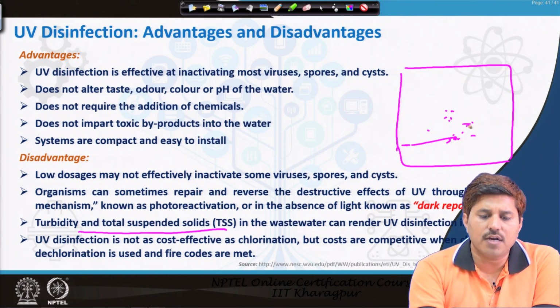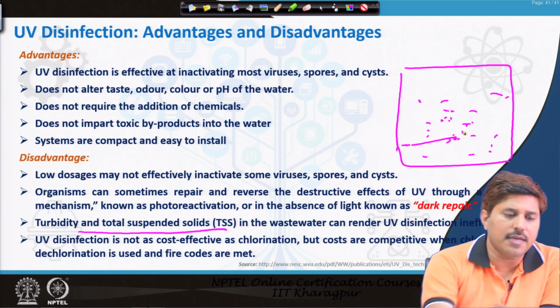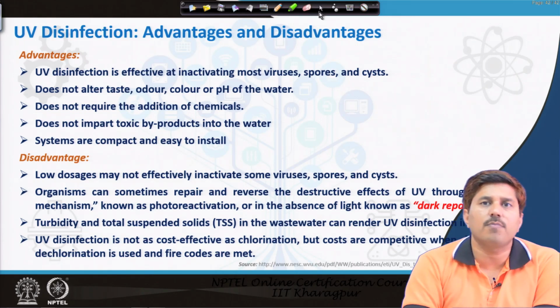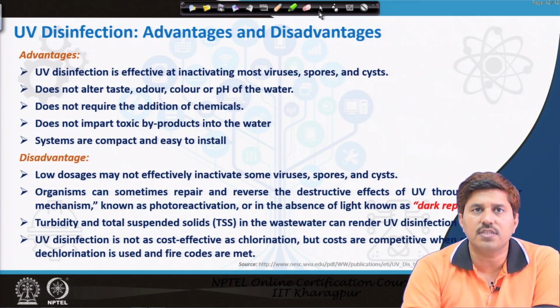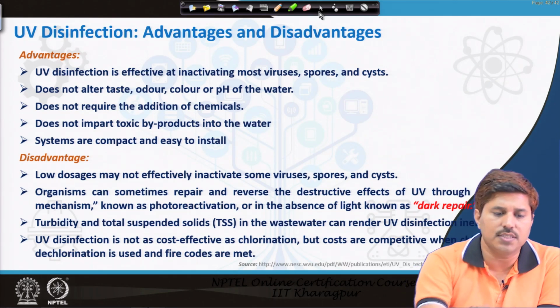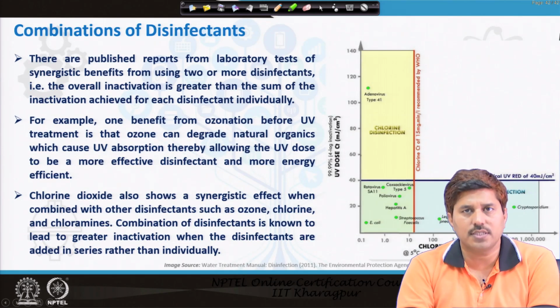So if there is more turbidity and more suspended solids, there can be more such protection for microorganisms, and the efficiency of disinfection would decrease substantially. That is one of the risks with these kinds of processes.